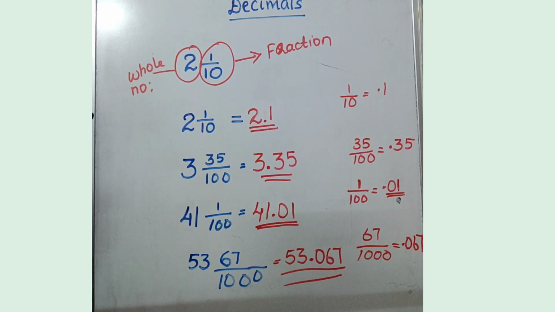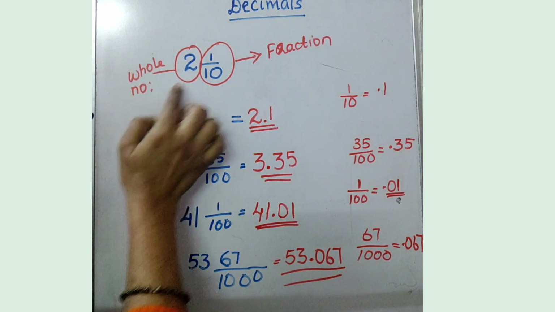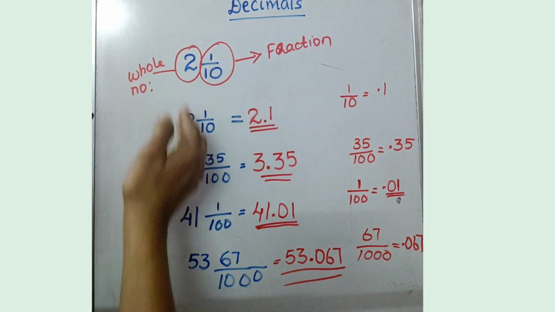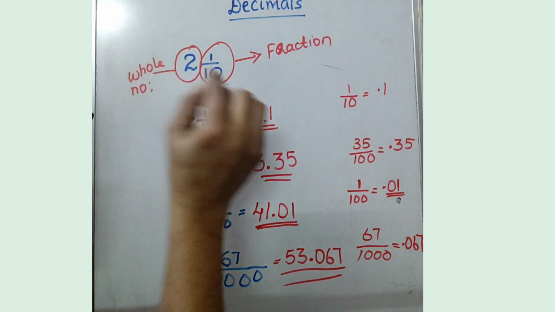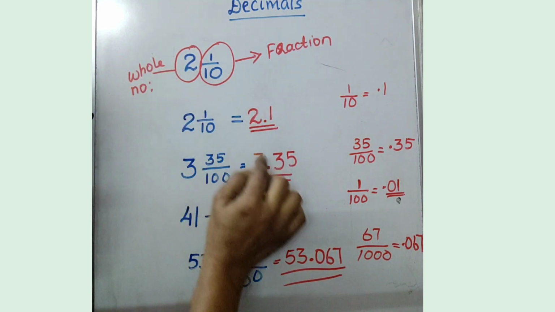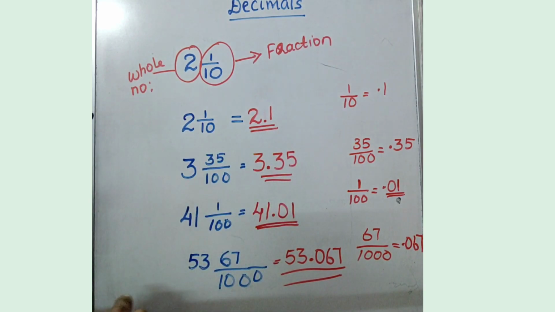I hope all of you understood this part very well. This is the whole number part, this is the fractional part. After the whole number part we put the point, then comes the decimal part.